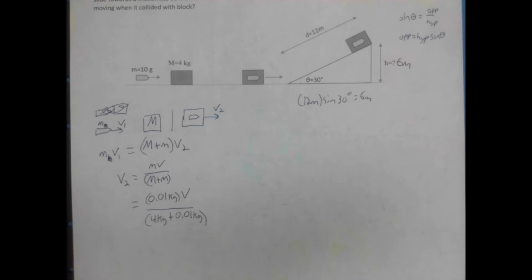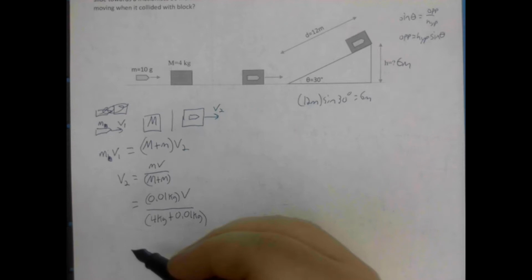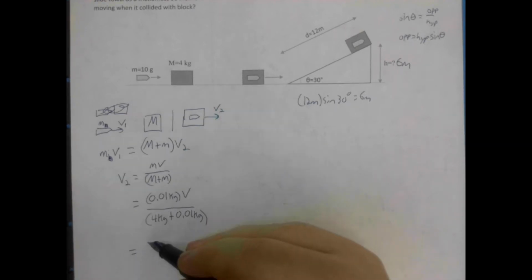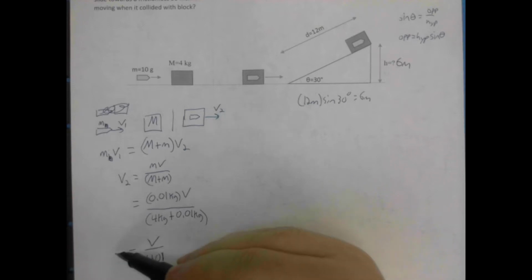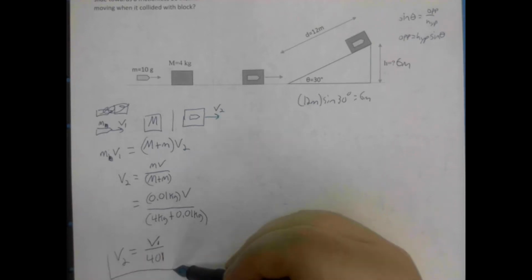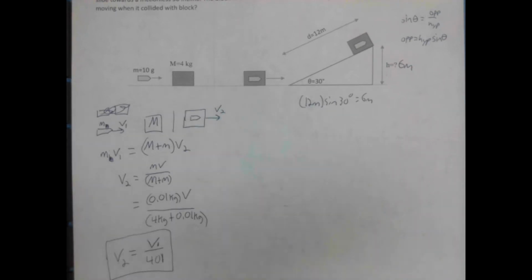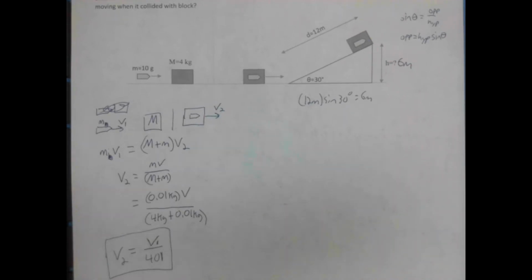Which we get a long decimal, and I don't like putting in decimals until the very end. I will make it a simple fraction. That is the velocity divided by 401. So the bullet slows down by a factor of 401 when it enters the block.